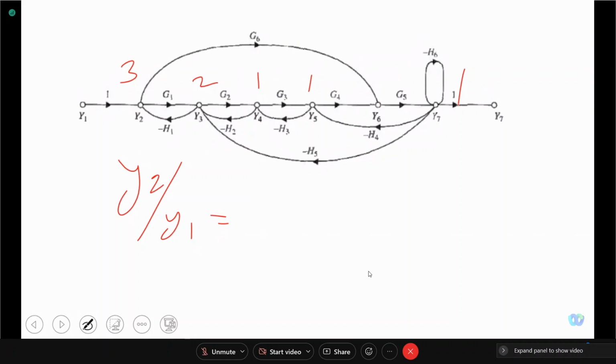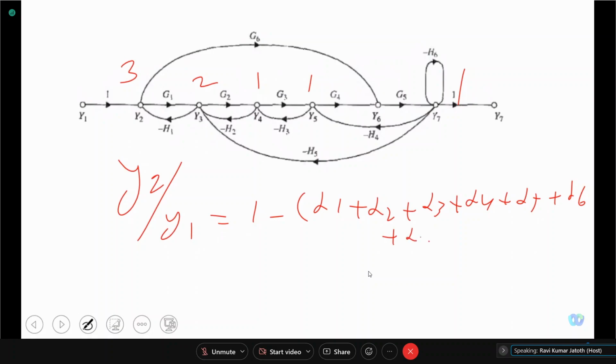Clear? Very interesting example. Right, so here 1 minus delta is L1 plus L2 plus L3 plus L4 plus L5 plus L6 plus L7 plus L8.